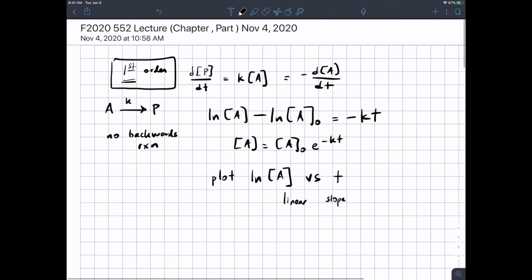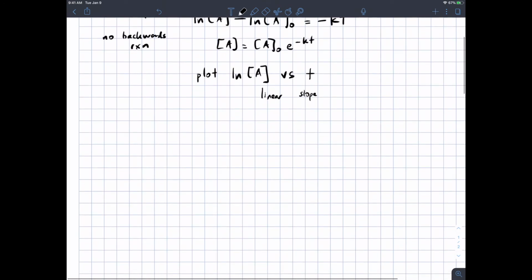So, all right. Now, of course, reactions can get more complicated. So let's talk about increasing levels of complexity.